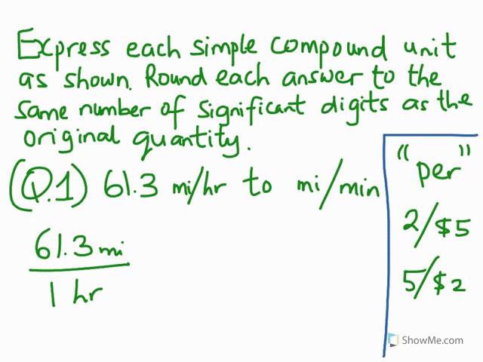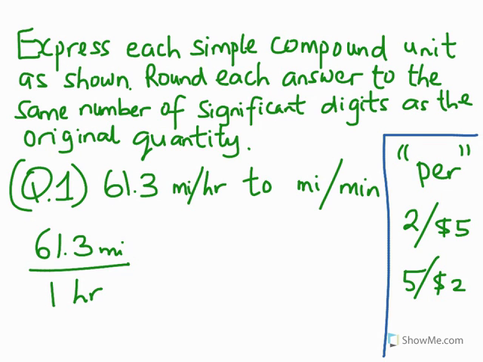Now, if we have 61.3 miles per hour, that means for every 1 hour we are covering 61.3 miles. For every 1 hour time interval, the distance covered is 61.3 miles.